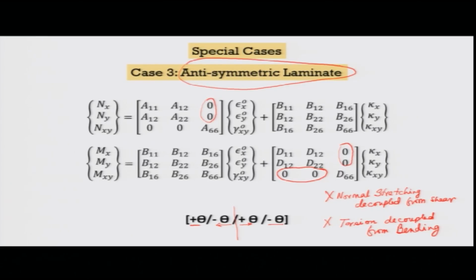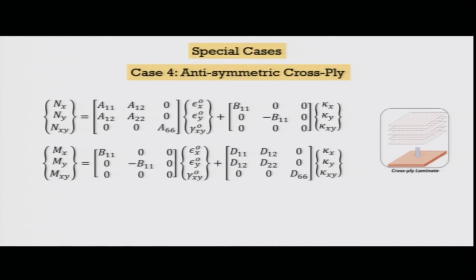So, an antisymmetric sequence will give us the special case, everything else will be present in the system. If we go to antisymmetric crossply, that means you have this plus minus theta, but also these crossply sequences, which is generally 0, 90, and consists of plus minus 45s etc. If you go to this kind of crossply sequence, you will see that not only this part is 0, just like it was in the earlier case, but also in the B matrix most of the terms will be 0, as you can see here.